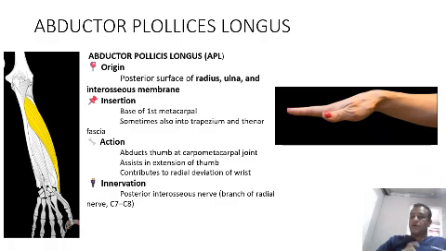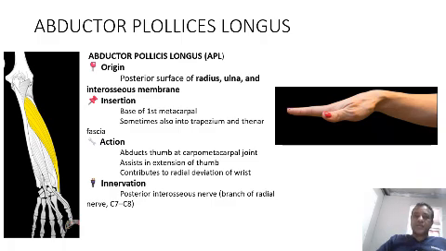APL also plays a role in tenosynovitis, a painful condition caused by inflammation of the first dorsal compartment. Patients often present with radial wrist pain, especially during thumb movement or gripping.